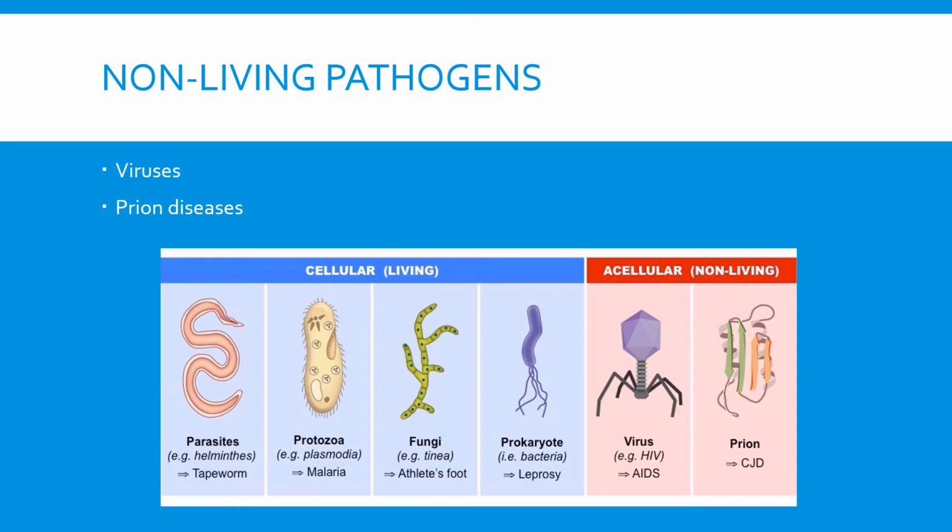Okay, or reproduction. Prions are a proteinaceous material, and they are responsible for causing something called mad cow disease in cows, but in humans they cause something similar called Creutzfeldt-Jakob disease, CJD, and CJD has the same symptoms as Alzheimer's disease.